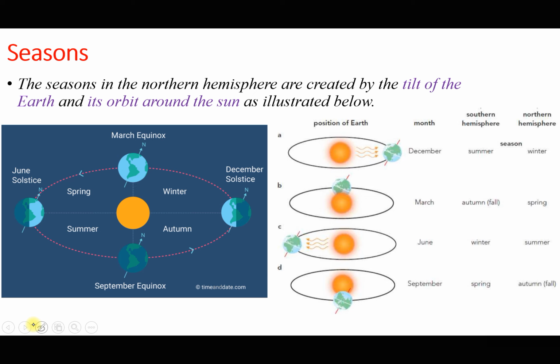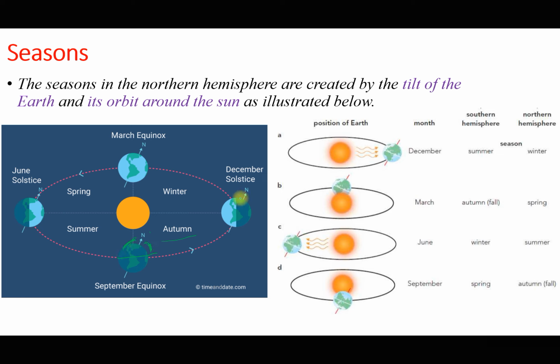So when you look at this diagram, you can see what happens during autumn. Look at the northern hemisphere. If we divide the Earth into two parts, just look at the northern hemisphere. Remember, this part here is not the same as the other part, because this part will be very close to the Sun compared to the other part because of the tilt.